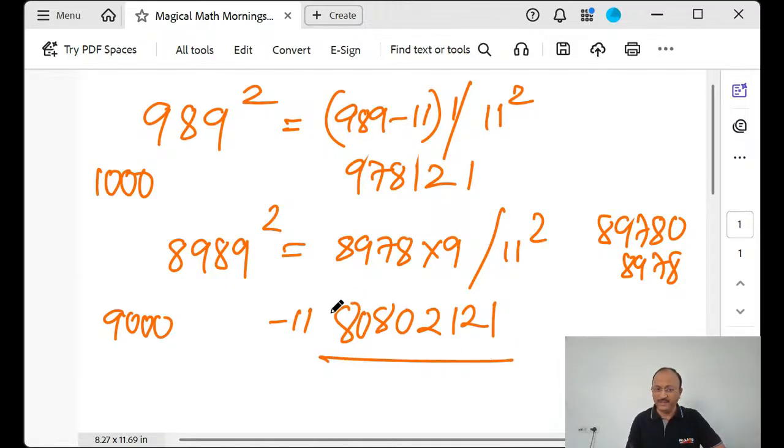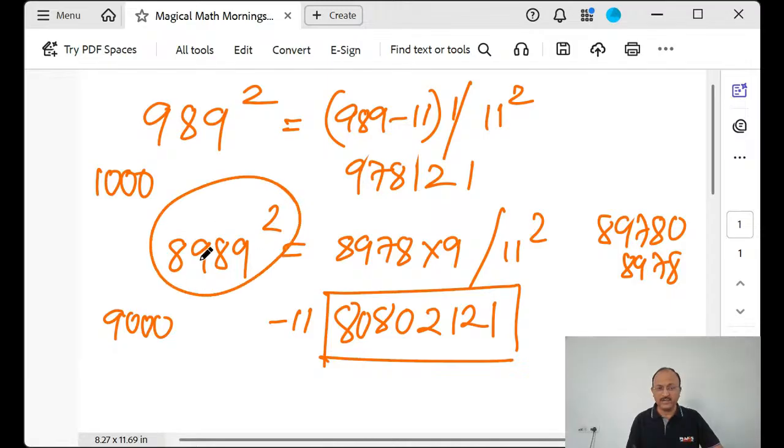Isn't it very simple? Definitely it will take almost at least 1/5 of the time or 1/6 of the time that you take by doing the traditional method for 8989, and if you keep on multiplying, compared to that, it's going to save a lot of time. Correct? 80802121. Almost all of you got this. I'm very happy that you understood this technique. So keep practicing this.